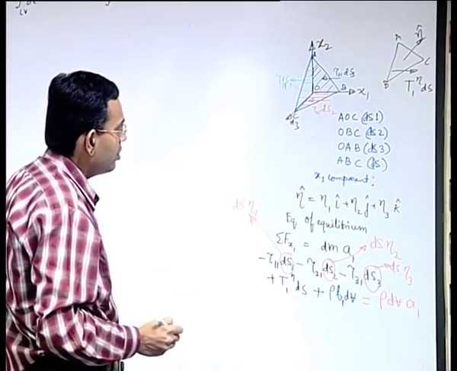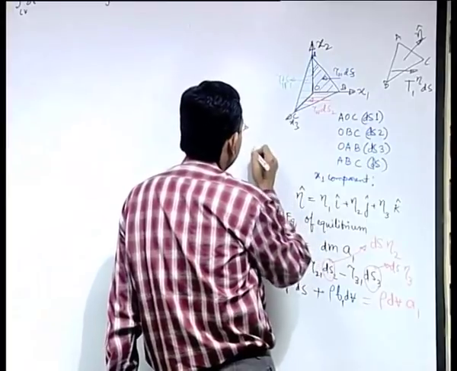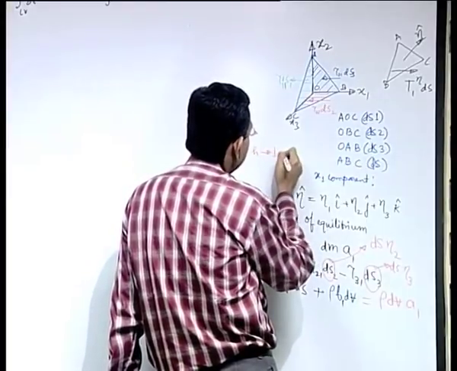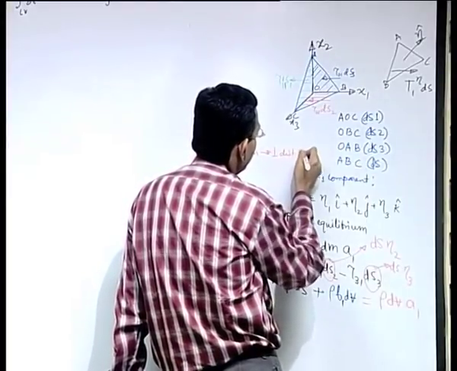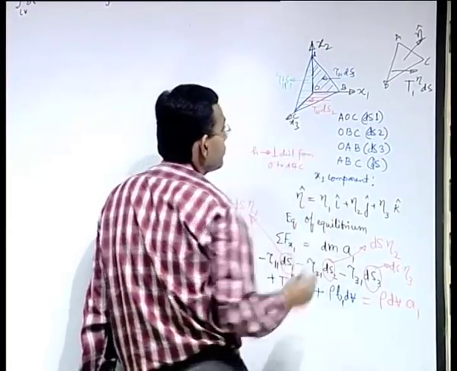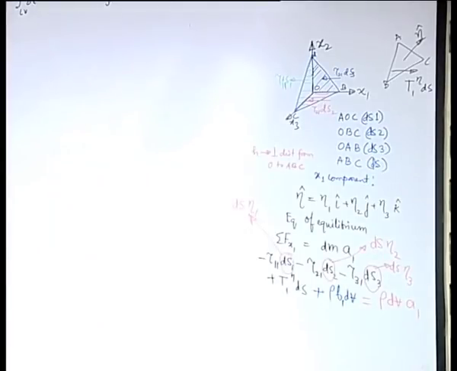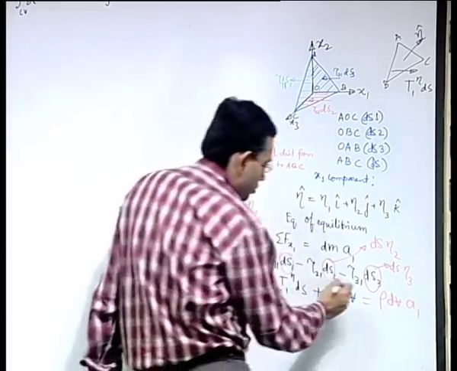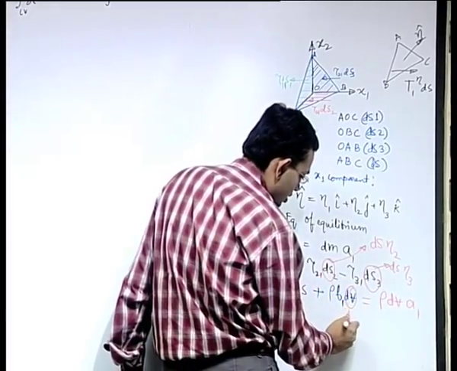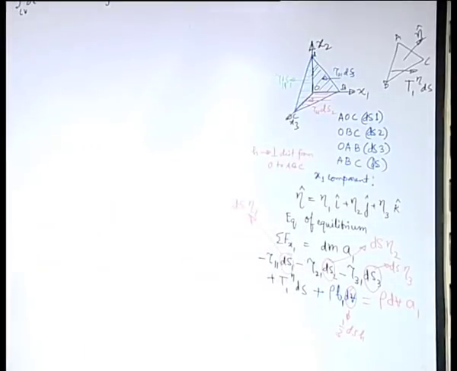Now, you can also calculate the volume if you know that, let us say, h is the perpendicular distance from O to ABC. Then what is the volume of this elemental volume? It is 1/3 into ds into h, right.